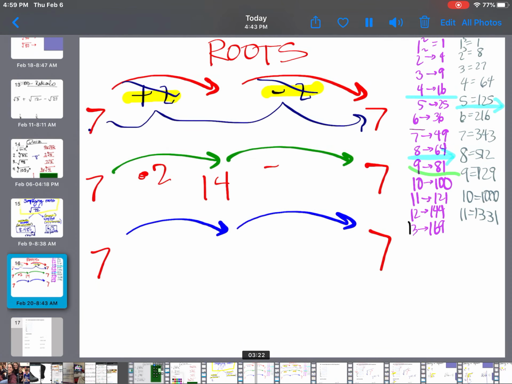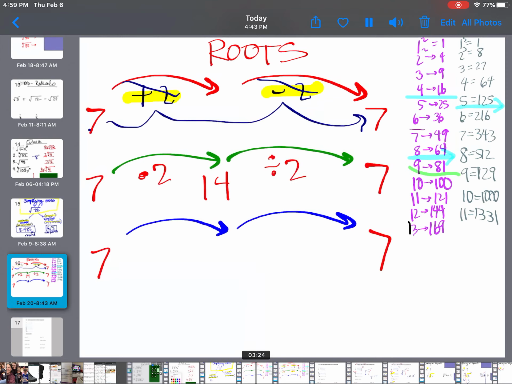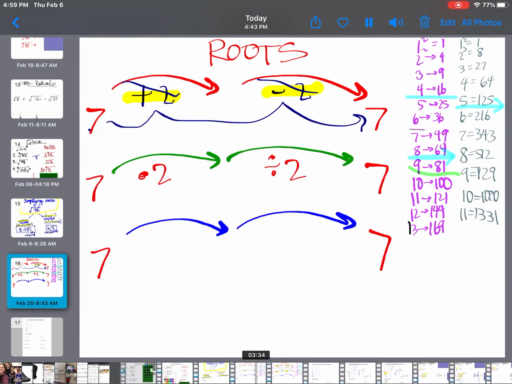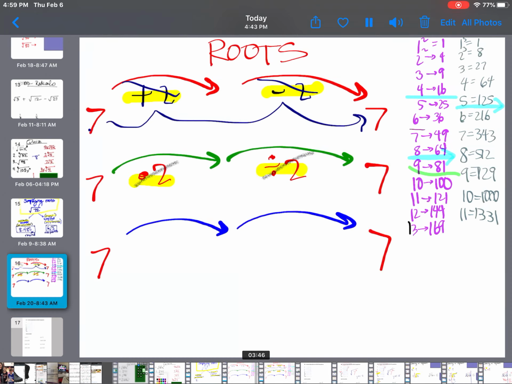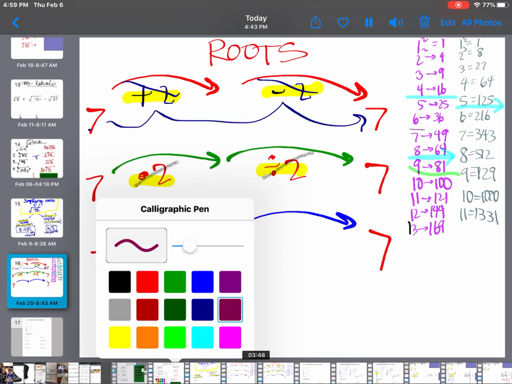The same thing happens with multiply and divide. So we multiply by 2 and that gives us 14, and divide by 2 takes us back to 7. If we take the 14 out of the mix and we have times 2, divide by 2, we don't have to do both of those operations because those are inverse operations and cancel each other out.